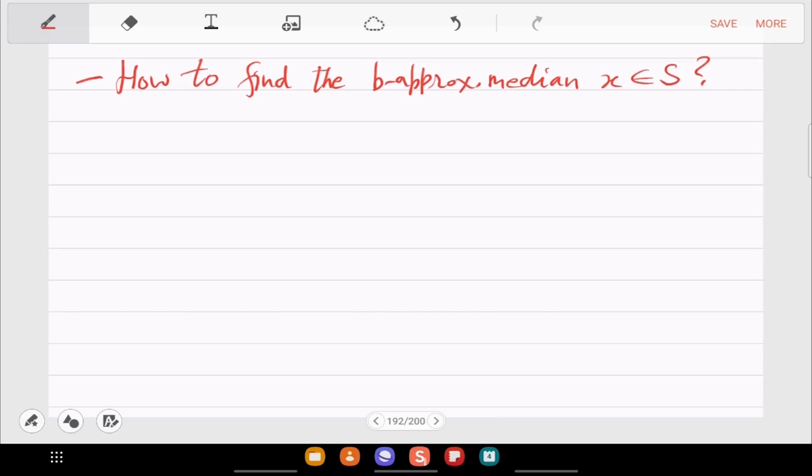We hope to fix it such that d plus 1 minus b is smaller than 1. In particular, d has to be smaller than b. This is what our ultimate fixing will be. So any ideas how to find this approximate median? Is there a magical fraction b which will help you compute the approximate median x by a single recursive call?